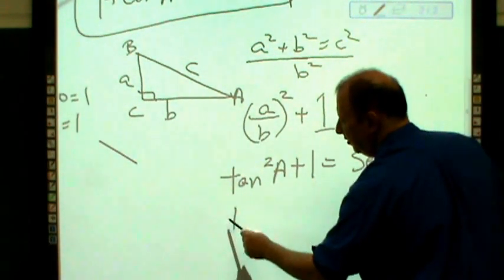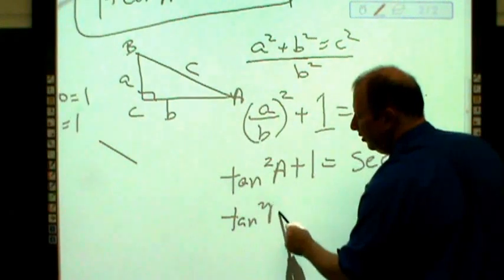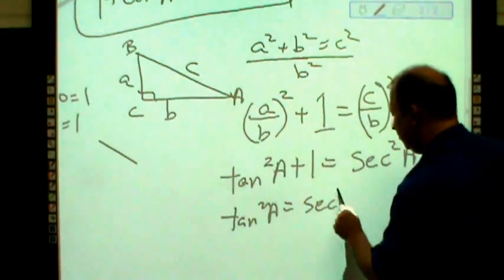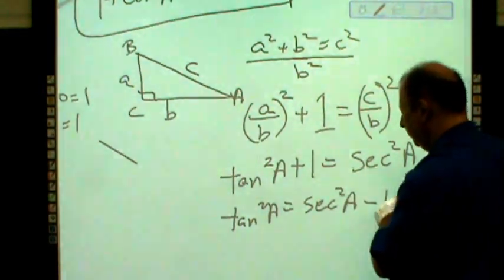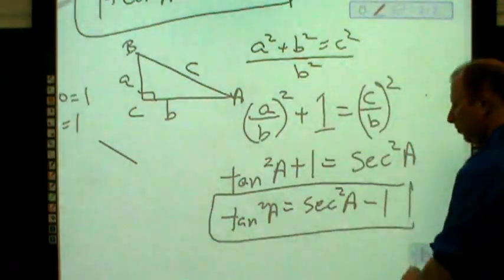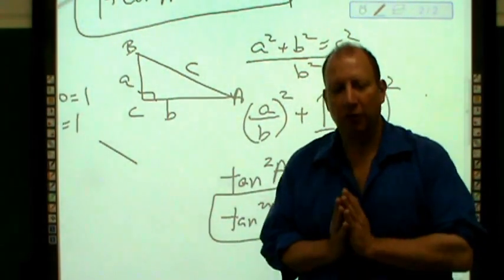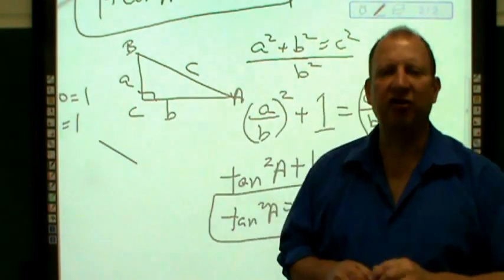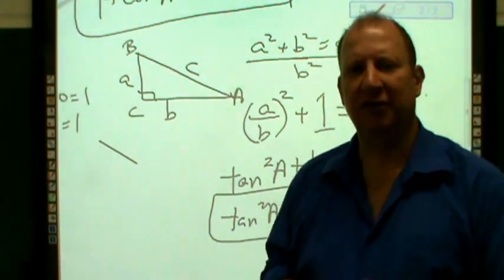We can also say then, tangent squared of A is equal to secant squared of A minus 1. With that, that's the introduction to the Pythagorean identities. Thank you.